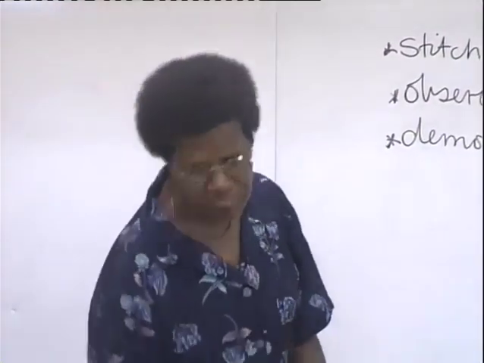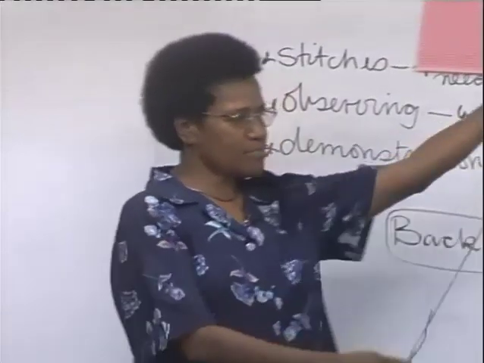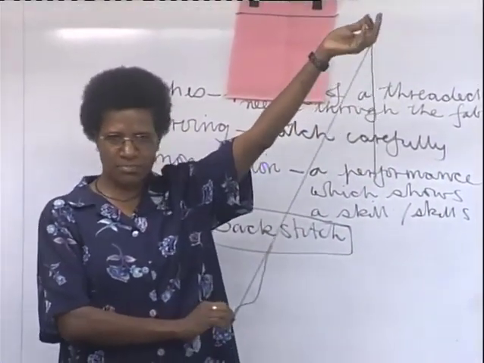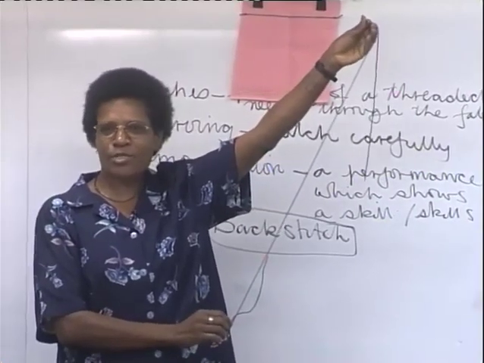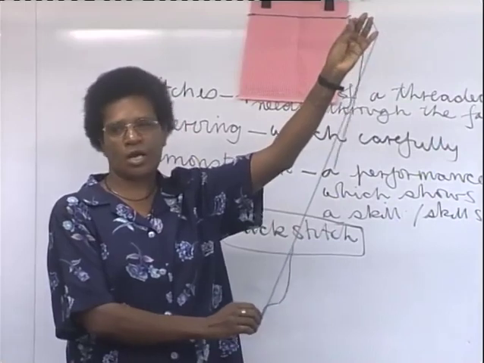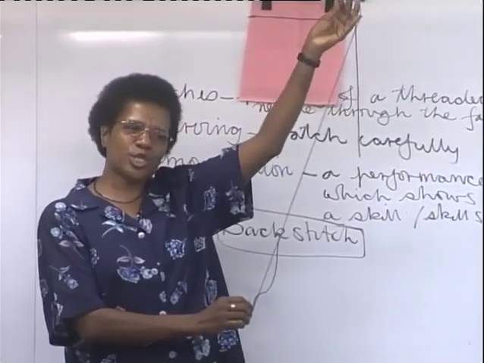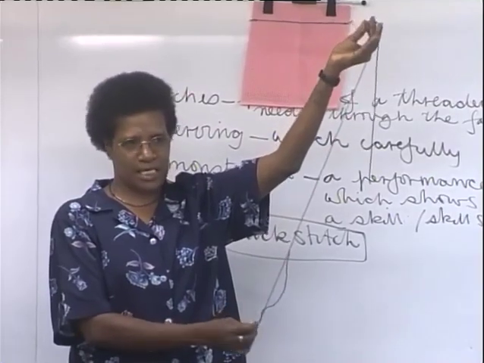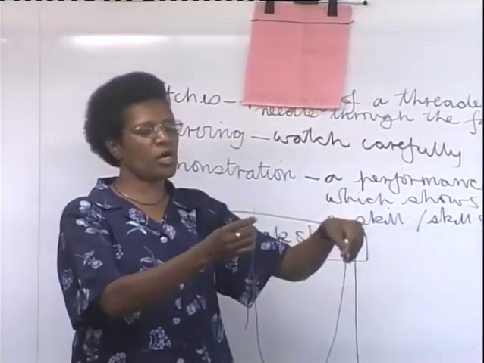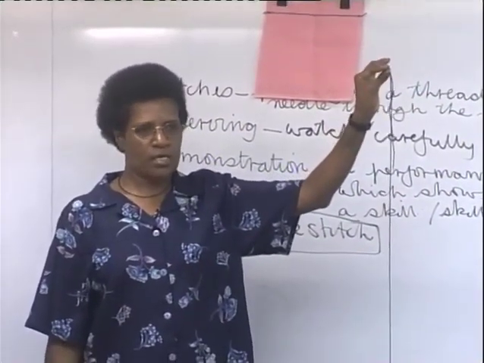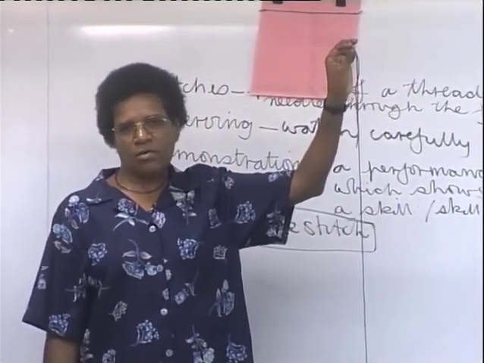Now, this is not the actual thread for sewing, but because I'm going to demonstrate, I'm using this wool just to make sure you can see clearly from where you are seated. The needle is also not the right size to use for sewing, a big needle.